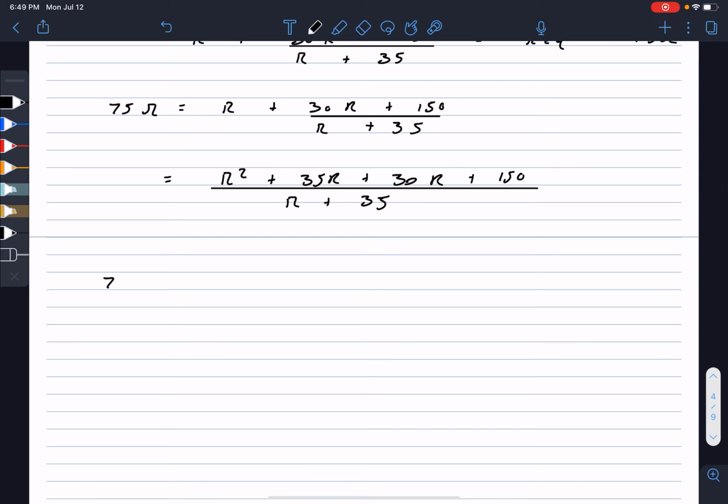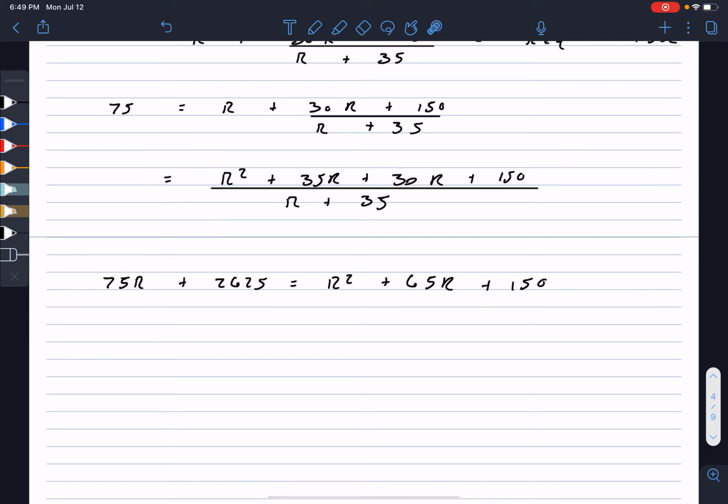We're just simplifying our fractions. Not a big deal. They're kind of complicated numbers, but now we have R squared plus 65R plus 150. I took 35 times 75 here, then I took R times 75 ohms, which gives you 75R. R's and ohms are too similar, so I'm trying to leave out the units when I can. So this is just 75 ohms.